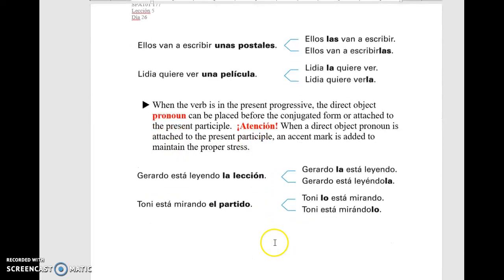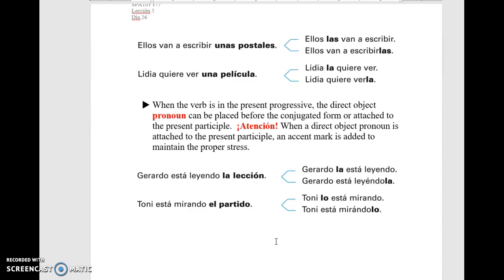Now we also have learned the present progressive. So we have two verbs. We have our verb estar with the present participle that ends in ando or yendo in Spanish. And again, just like with the infinitives, if we have two verbs, it can lead the verbs. Like, Gerardo está leyendo la lección.